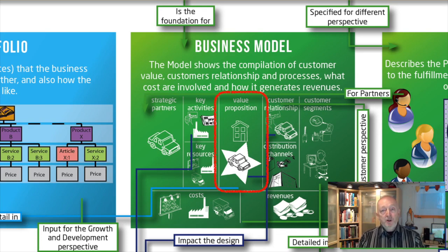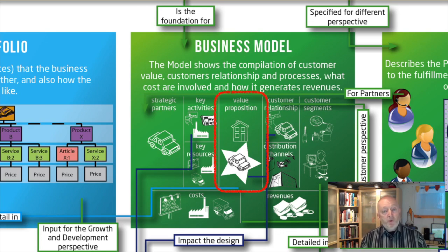So here you see a good example of how we're talking about something within the business model, but it relates out to another component, which in this case is the product portfolio, which describes exactly what you deliver and how much it will cost and all those things that I will talk more about in that video.